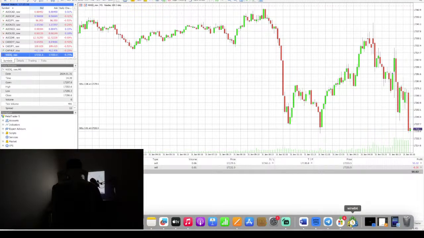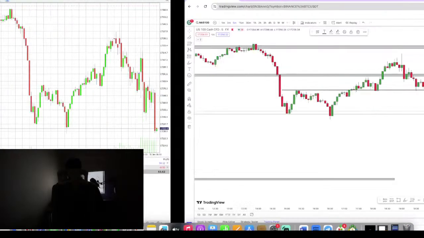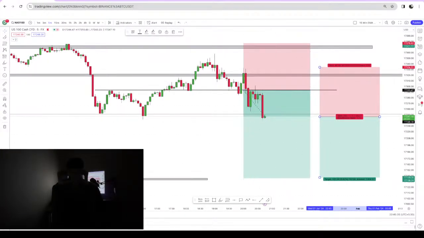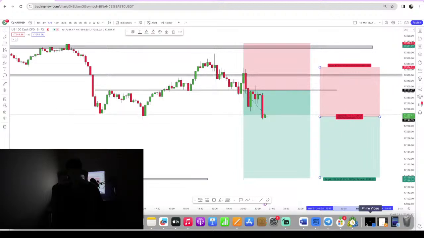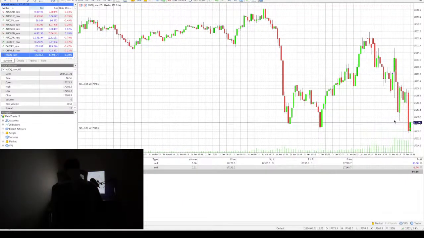Let's see, where did I put it? Yeah, this is a mini pyramiding, not very proper, but yes, it is. 17322.